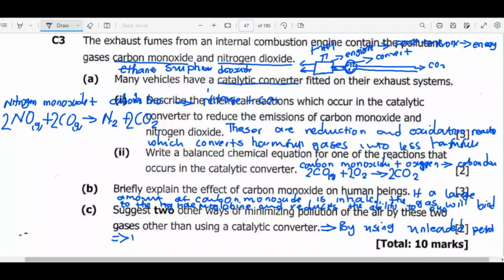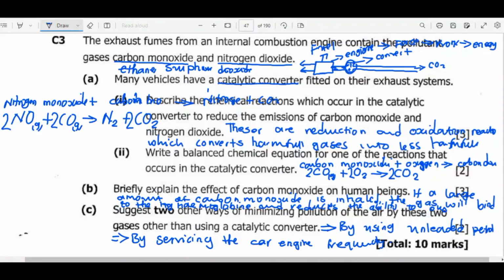Then the other thing is by just servicing the car engine frequently. So these are ways in which we can reduce.